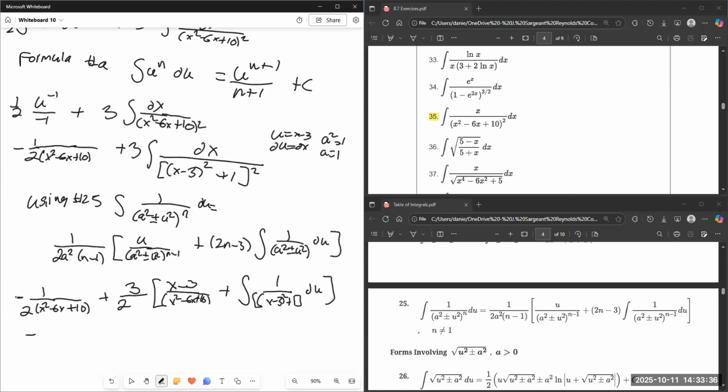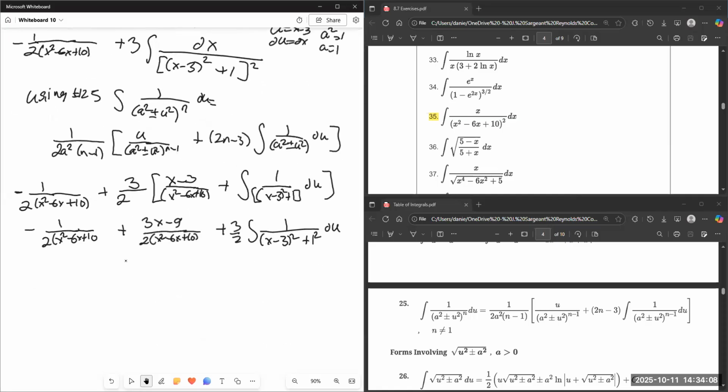So this is negative 1 over 2 times x squared minus 6x plus 10, plus 3x minus 9 over 2 times x squared minus 6x plus 10, plus 3 halves integral 1 over x minus 3 squared plus 1 squared du.